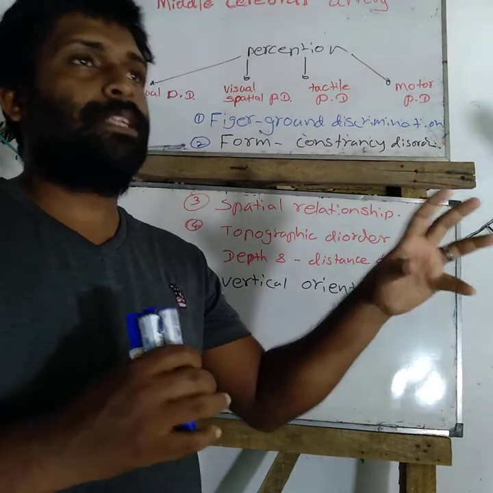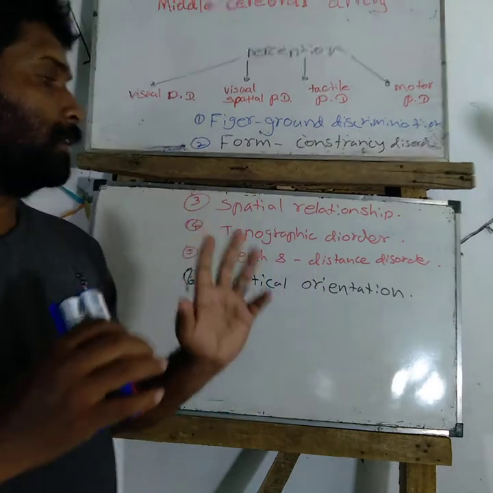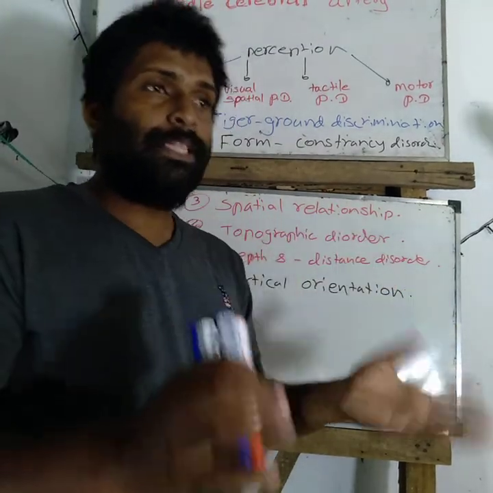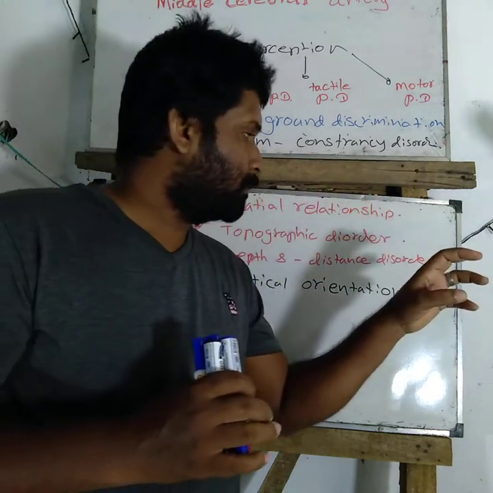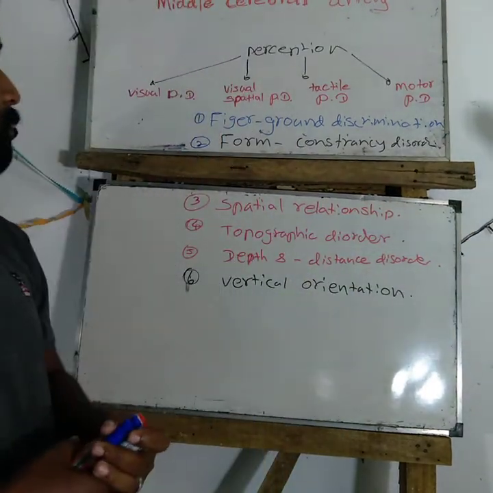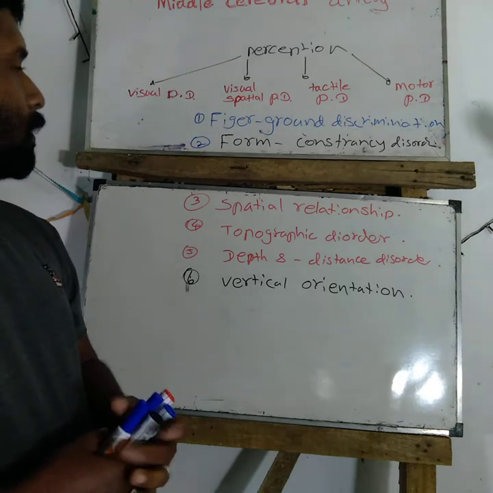Depth and distance and vertical orientation identification, a normal person has these things, but the patient has some form of dysfunction. Right, we are going to discuss one by one.